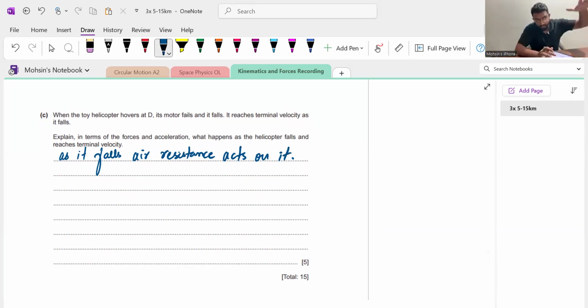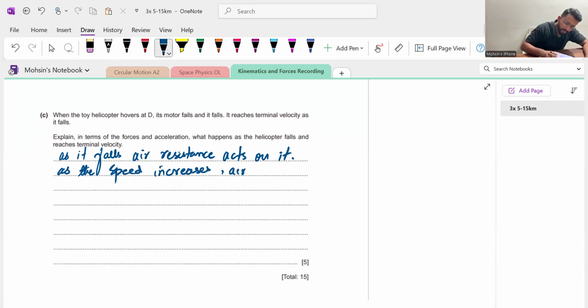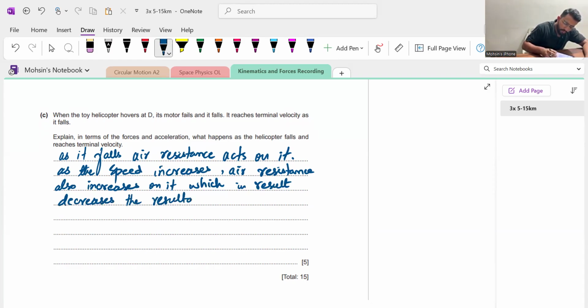And as the speed increases, the air resistance also increases, which in result decreases the resultant force and acceleration.